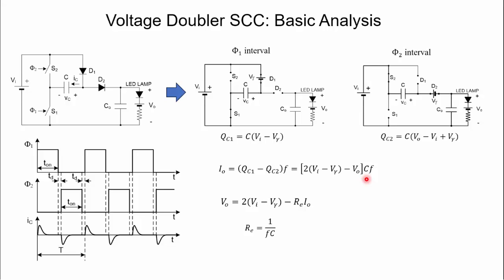And finally, rearranging, we can say that the output voltage is this value here, twice the input voltage minus the diode's forward voltage minus the equivalent resistance Re times the DC current through the output. And the equivalent resistance has this value here, which is 1 over Fc. This is the common behavior in steady state of a switch capacitor converter.